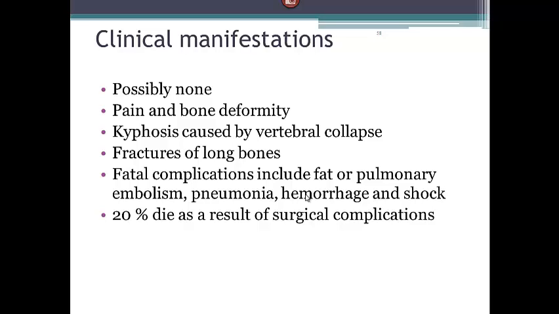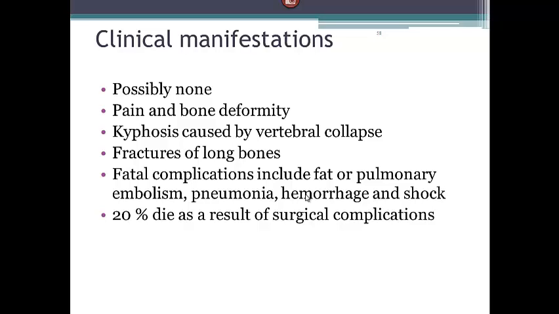Classification for osteoporosis, if you recall, is primary osteoporosis and secondary osteoporosis. Primary is the most common. It's more than 95% present in women and 80% in men. Most commonly occurs postmenopausal due to gonadal insufficiency.